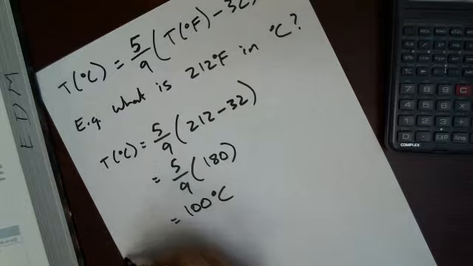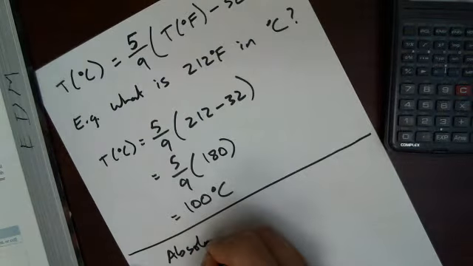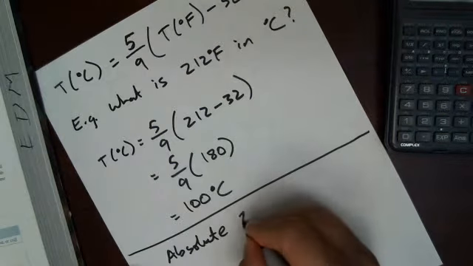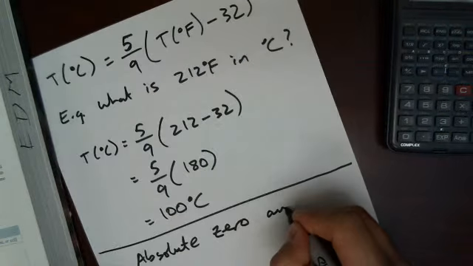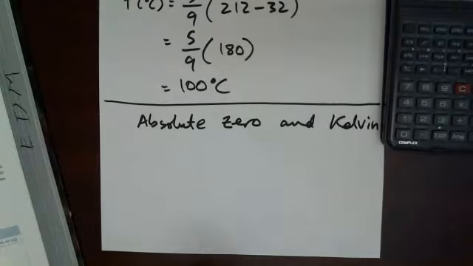The other thing we have to deal with is this concept of absolute zero and Kelvin. Okay, so just a bit of background on that. It surprised me when I was first studying chemistry that there is this concept of absolute zero. I just never really thought about it, and I thought that you could just keep going colder and colder.